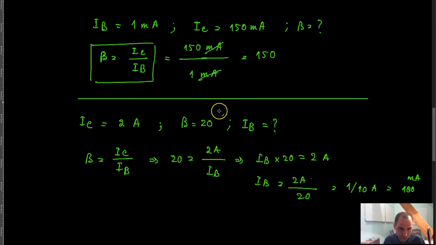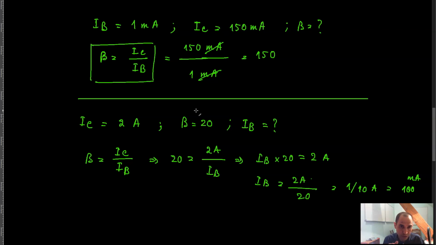That's basically how you use this relationship between I of B, I of C, and beta in order to calculate any one of them if the other two have been given to you, or if you have the possibility to measure them. Of course, beta is a physical characteristic of the transistor. You can look it up on the internet, on some website, for example.